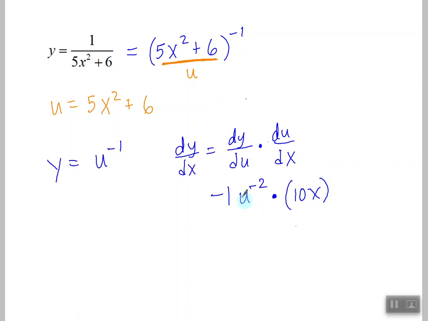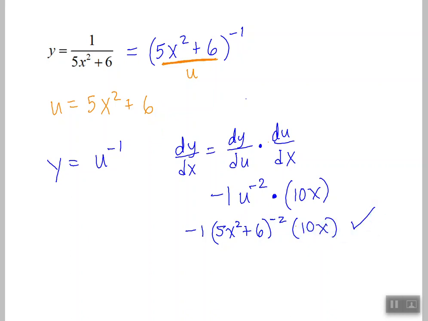I'm not finished because u isn't x, and my original function was all in terms of x. Now, I probably would do better rewriting this first, then plugging in the x, but either way is okay. So let's try without rewriting first. Negative 1, u is 5x squared plus 6 to the negative 2, and then times 10x.